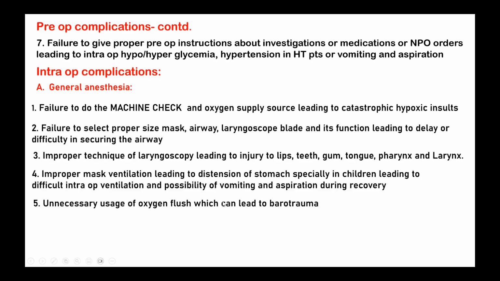And unnecessary use of oxygen flush in case you have a difficult intubation and the patient starts desaturating. Then many people, as a reflex, will apply the mask and use the oxygen flush to ventilate the patient. This may lead to barotrauma. So this is another iatrogenic complication which you have to avoid.